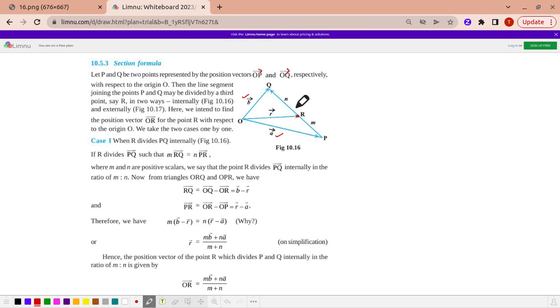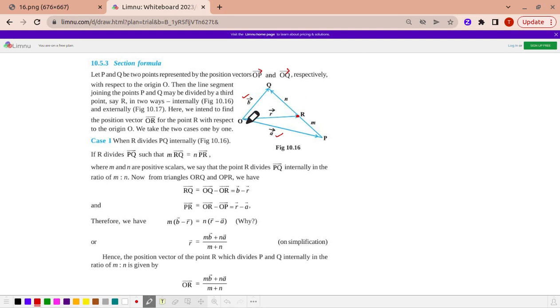Internally means that if you join PQ and find the point R, the point R should be in between P and Q. The line segment joining P and Q may be divided by R in two ways: internally, in which the point R must be inside the segment PQ, and externally, in which the point R is not within PQ but external to it, and you can get that by extending the line segment PQ. I will come to that after some time.